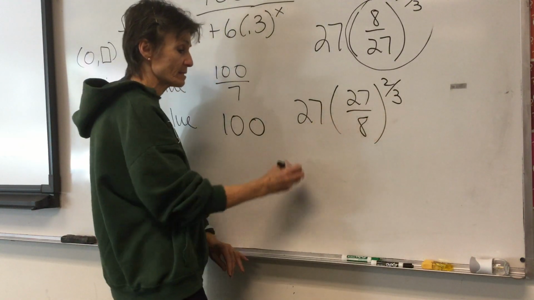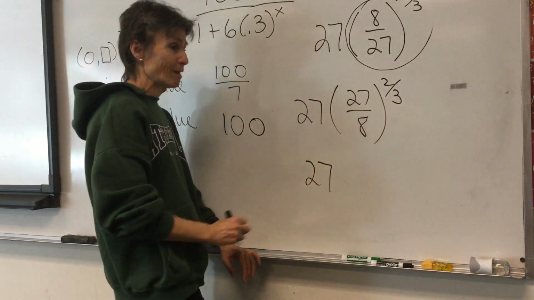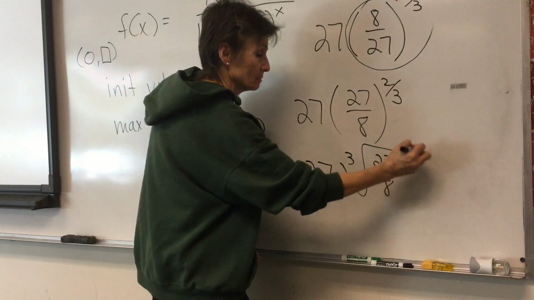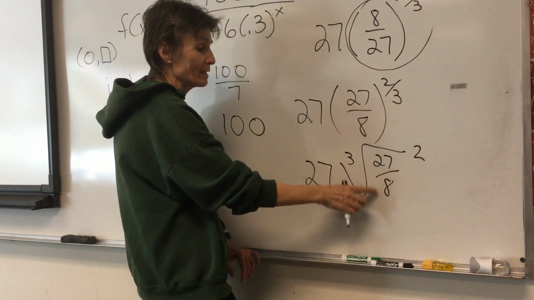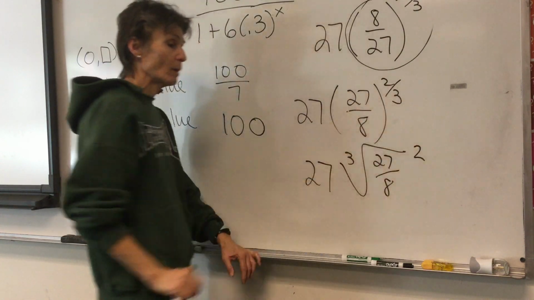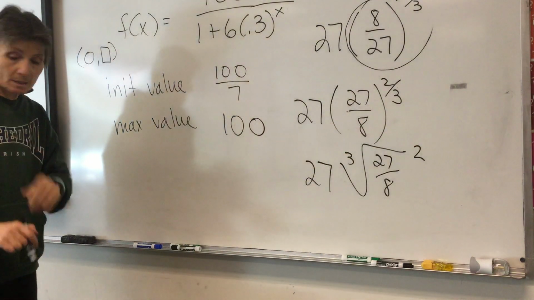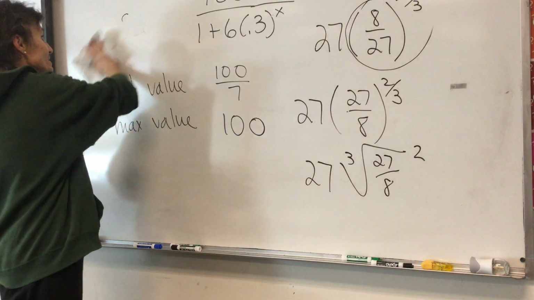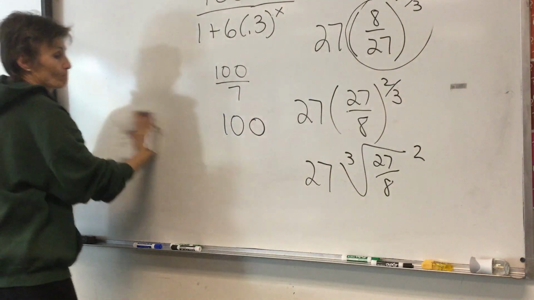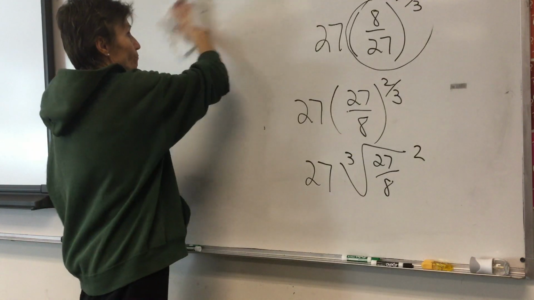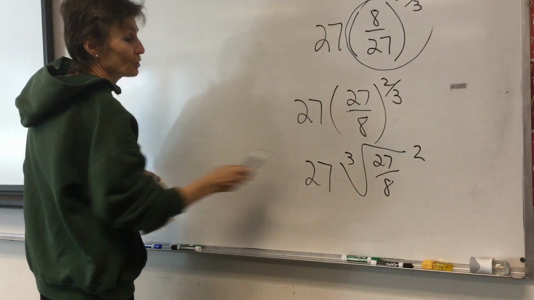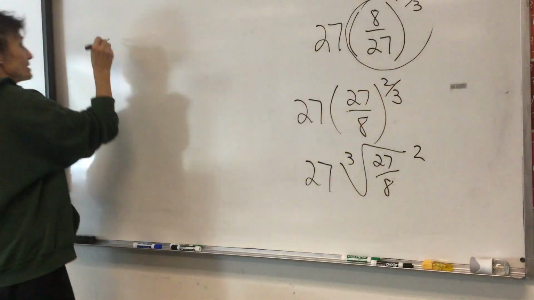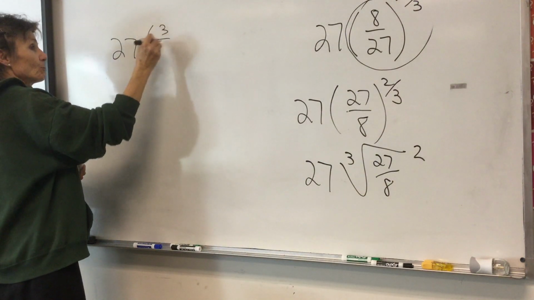Fractional exponents mean radicals. So I have the cube root of 27/8, and I need to square that. So what is the cube root of 27/8? 3/2. Yep. Cube root of 27 is 3. Cube root of 8 is 2. So now I have 3/2.